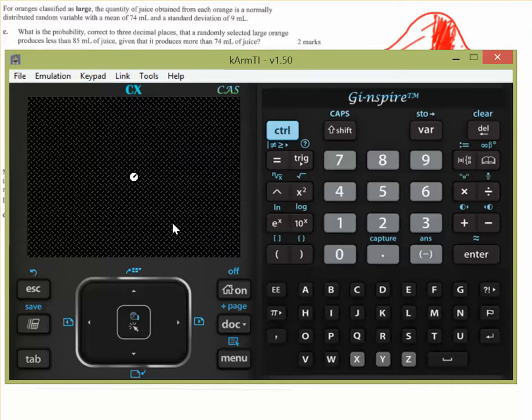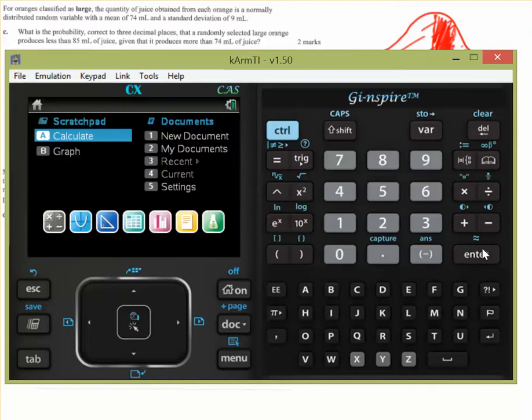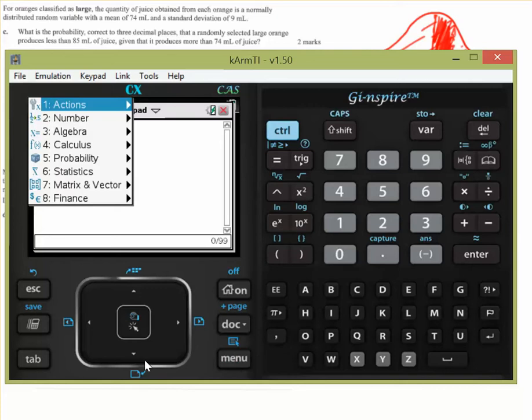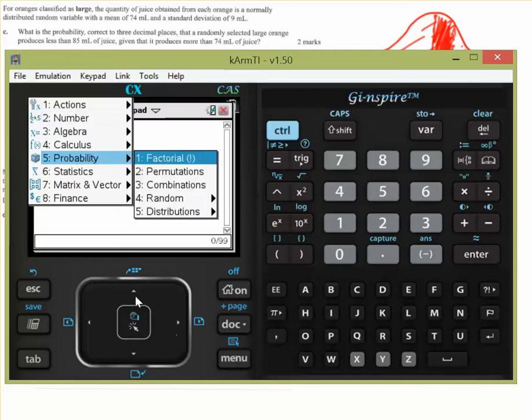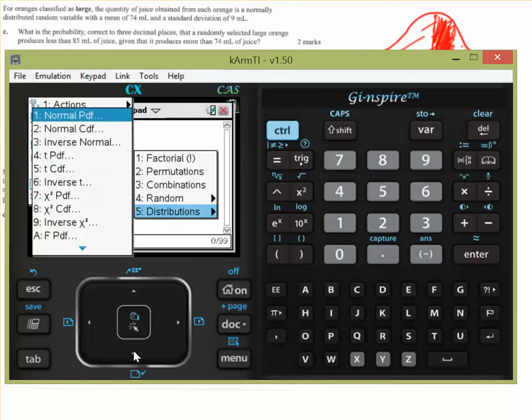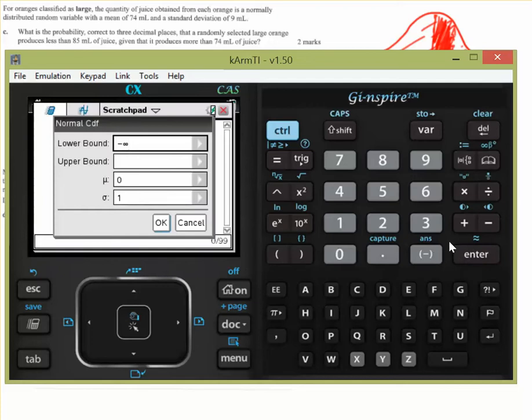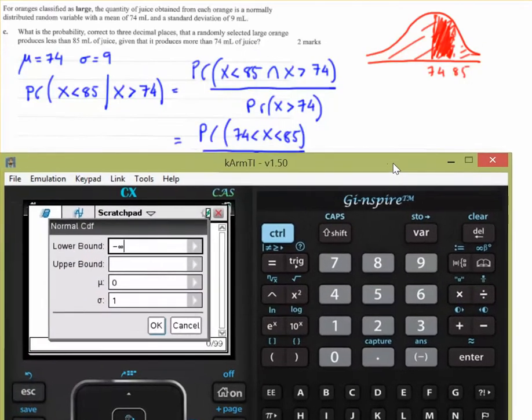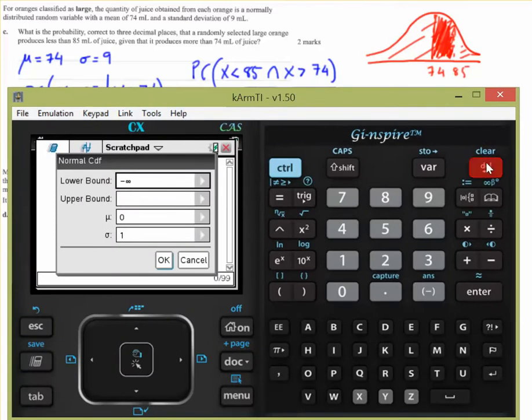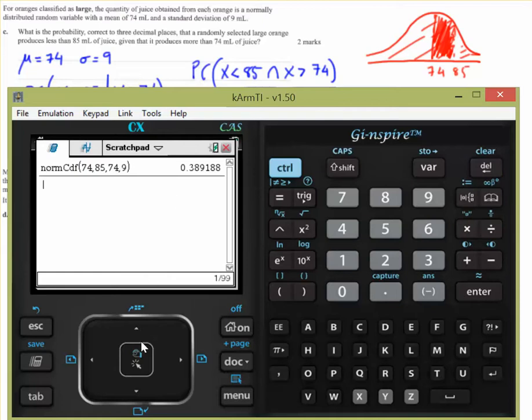We can just put the mean and standard deviation in, and it does it for us. So you go menu, down to probability distributions, and you want a normal cumulative distribution function. The top one is between 74 and 85, so the lower bound is 74, upper bound is 85, with a mean of 74 and a standard deviation of 9. That's half our job done.